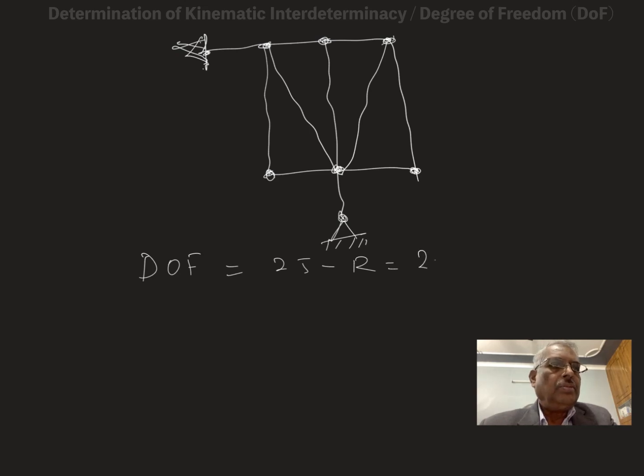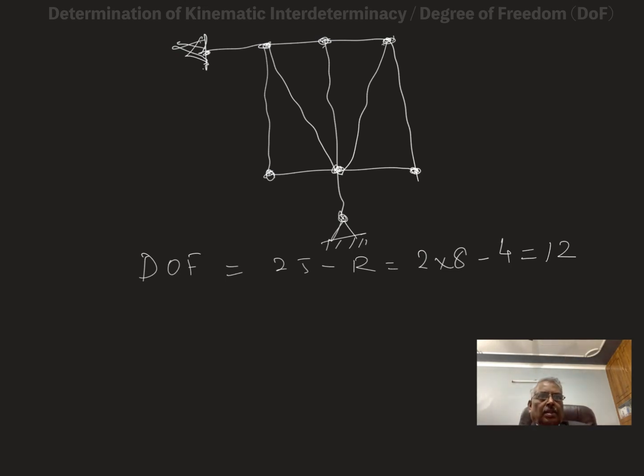And so how many joints? 1, 2, 3, 4, 5, 6, 7, 8. There are 8 joints. How many reactions? 4. So there will be 12 degrees of freedom.